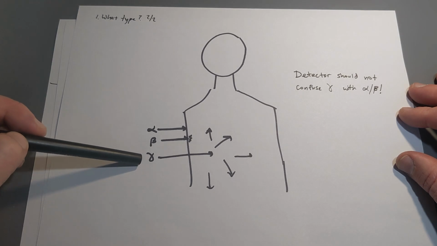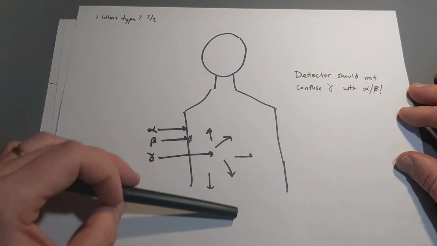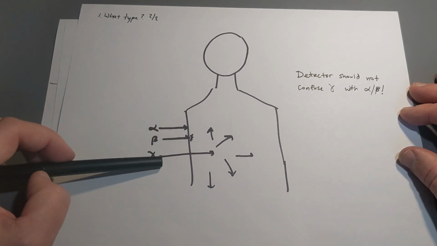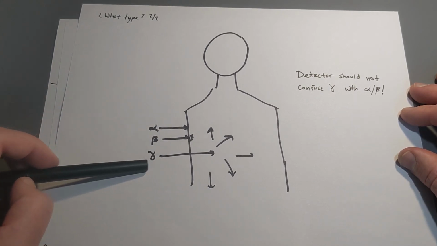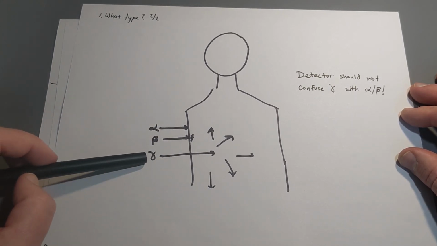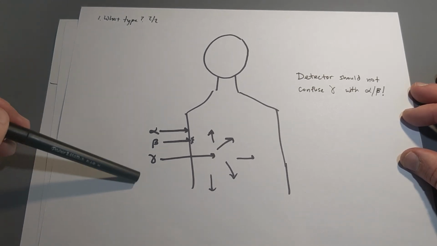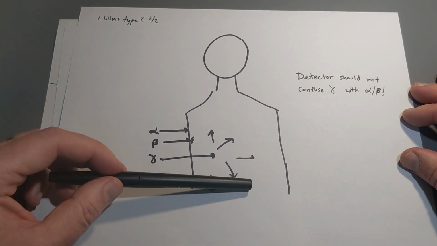And the gammas and the X-rays can penetrate deeply. They can reach throughout your body. They're not shielded by a layer of clothing or anything like that. So generally, X-ray and gamma are what you need to pay attention to and understand how to measure correctly. And that's the three types in the body.